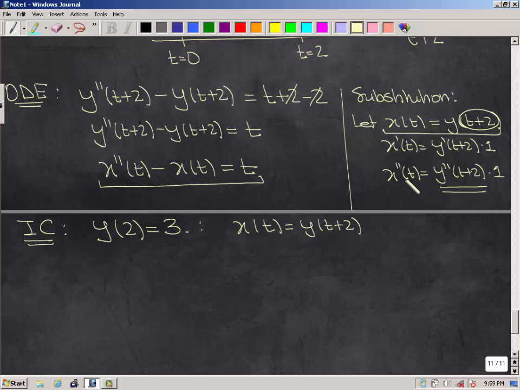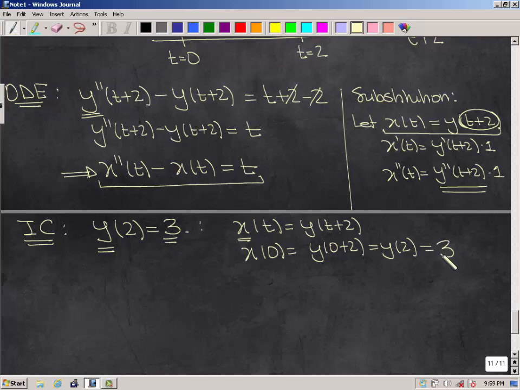Our original problem was a problem of y, with initial conditions in y. Our new problem is a problem of x, so we need initial conditions in x. We want them at 0, so I'm going to set t to 0. So we get x of 0 is equal to y of 0 plus 2, which would just be y of 2, which is what?